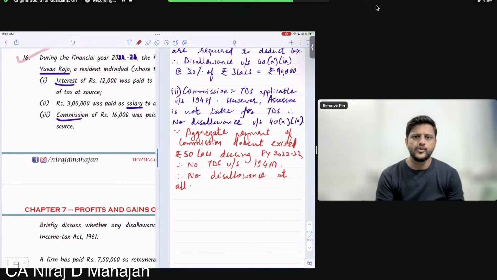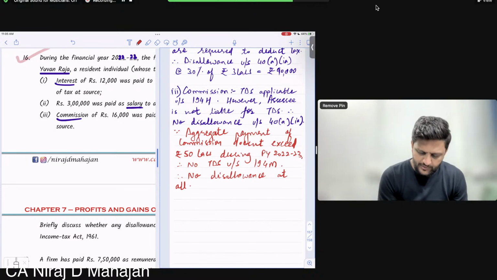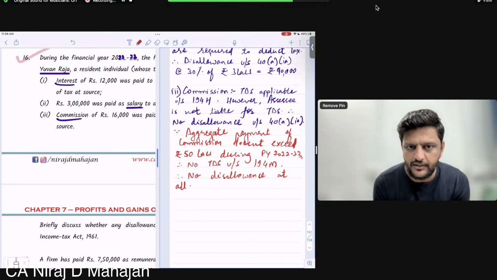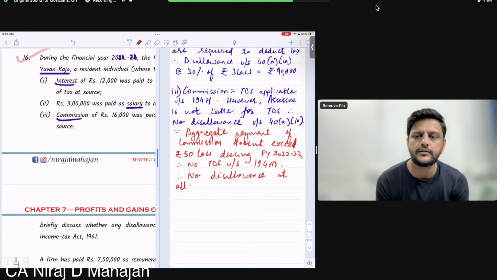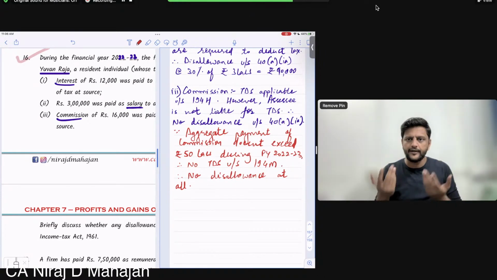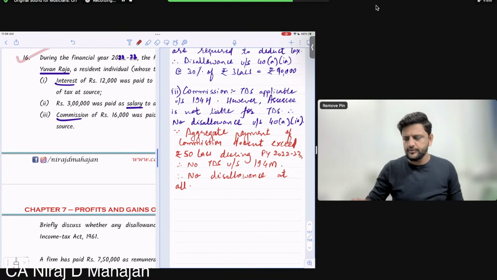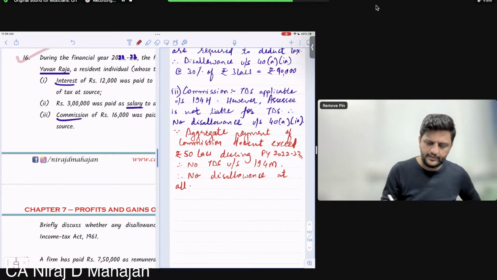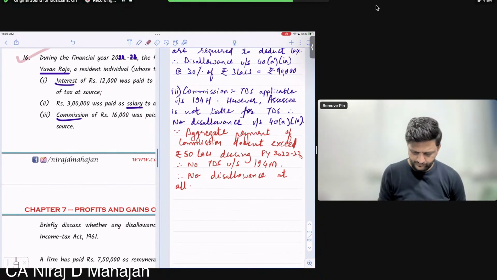So 194H is applicable over here, but no TDS was deducted. And because there was no TDS, we have to check one more section, 194M. But even that is not applicable because the entire commission payment is not more than rupees 50 lakhs in the current year. Those details are not given, and we have assumed that it is not applicable. Yes, everybody? Done?